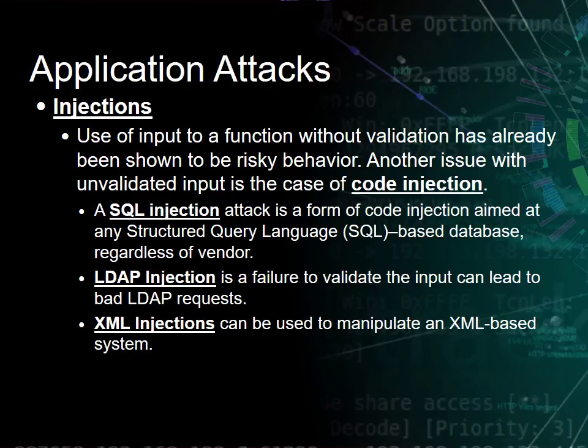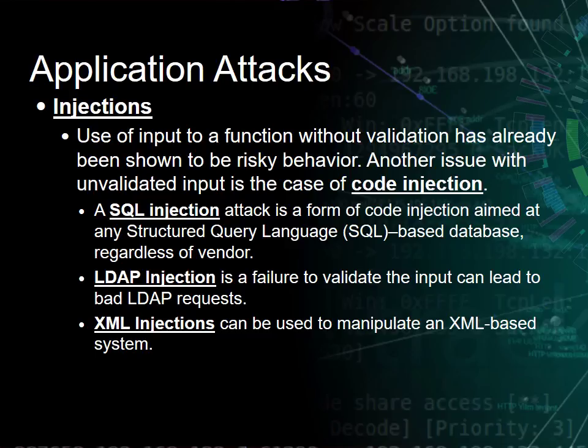When an application constructs an LDAP request based on user input, a failure to validate the input can lead to bad LDAP requests. Just as the SQL injection can be used to execute arbitrary code in a database, the LDAP injection can do the same in a directory structure. Something as simple as a wildcard character in a search box can return results that would normally be beyond the scope of a query.